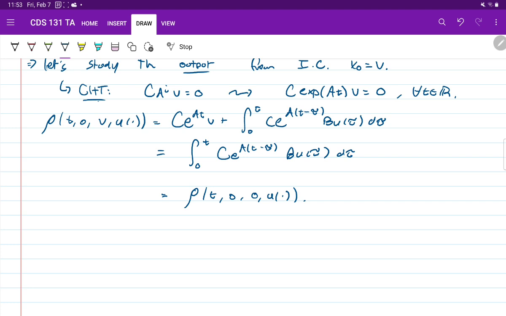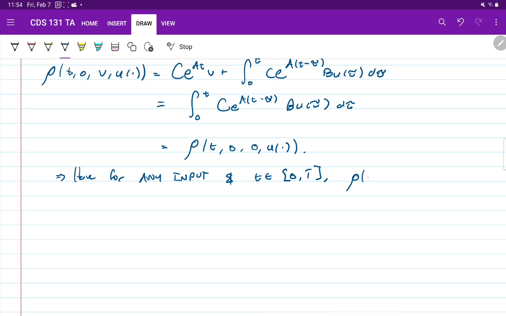So what's the problem here? Do we have a contradiction? What we have is, for any input and any t belonging to the interval 0, t, rho of t, t0, v, u is identically equal to rho of t, t0, 0, u.